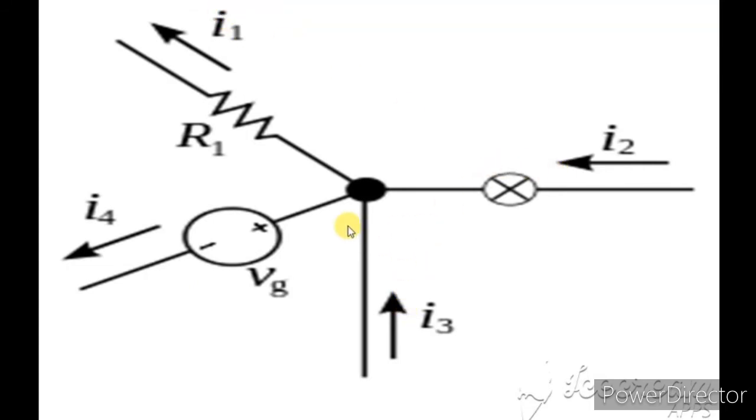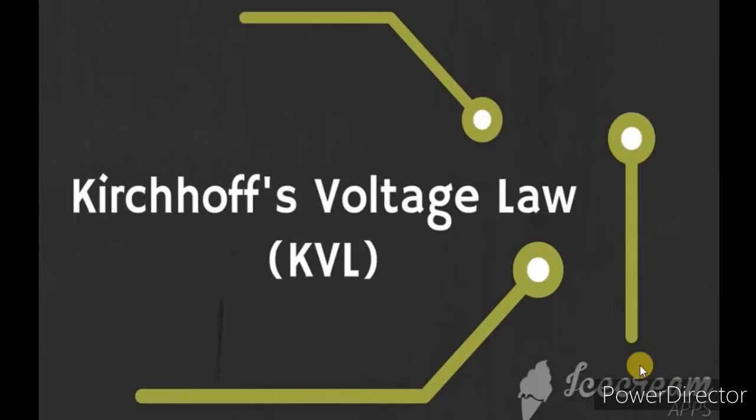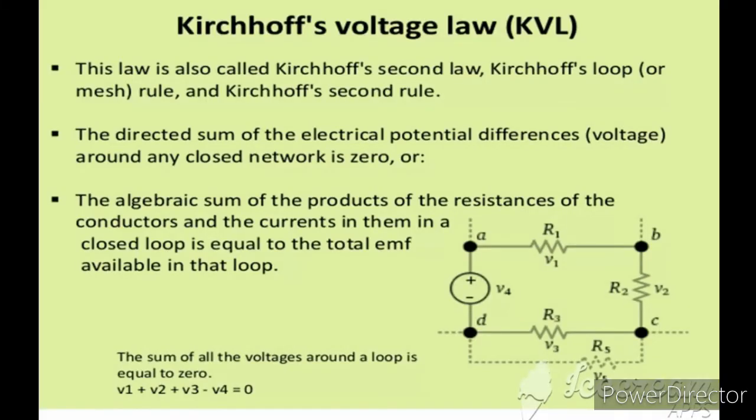Next we are going to see Kirchhoff's voltage law, which is Kirchhoff's second law. We saw that. Kirchhoff's voltage law is very, very important. So we have seen Kirchhoff's current law. If you look at what the voltage law is, what we mainly need to know here is the sum of the current and the resistance.